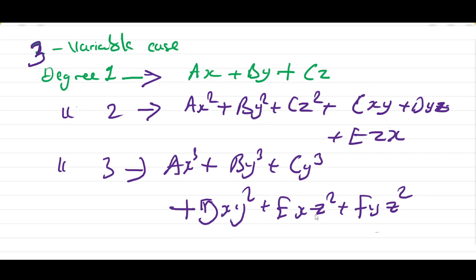All of them are degree 3 and the three letters have appeared. Then we'll have plus gxyz. So I think this is the most general case, with 10 terms, for the three variable case.